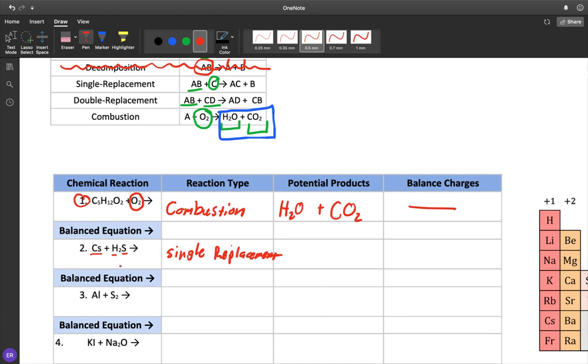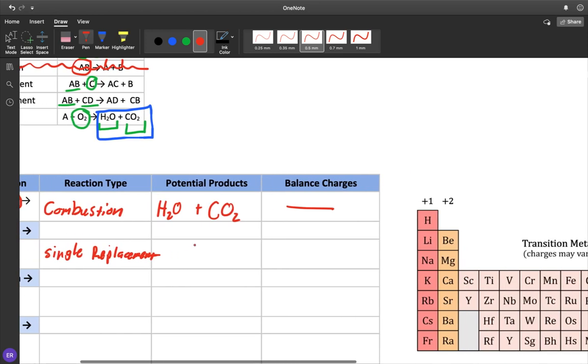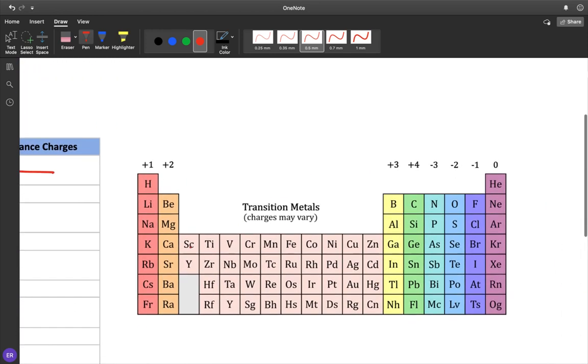So what's going to happen is that we need to identify what are the charges of each of these. By charges, I mean, if we look right here on your practice problem sheet, you will have this periodic table, but the easiest way to learn the charges is that, well, if group one has one valence electron, right?